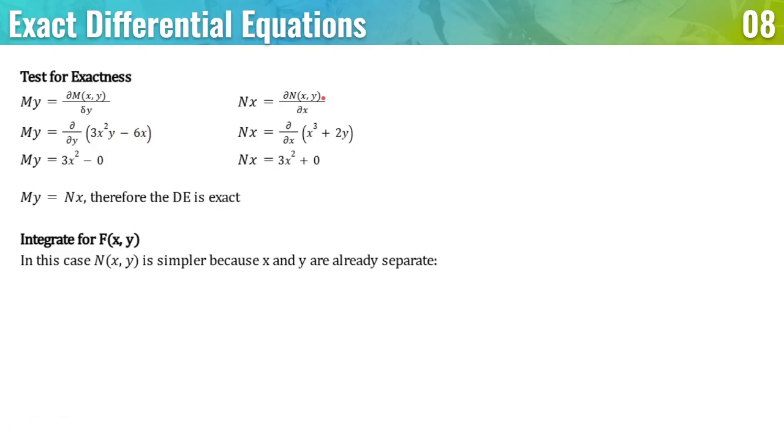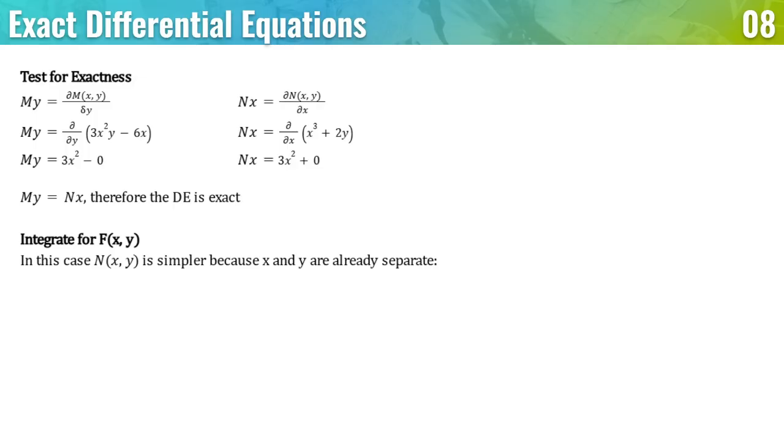For the other one, we have 3x squared coming from here, since this is N with respect to x, and then we do not need this 2y. So we are left with 3x squared plus 0. M sub y equals N sub x, therefore the DE is exact.